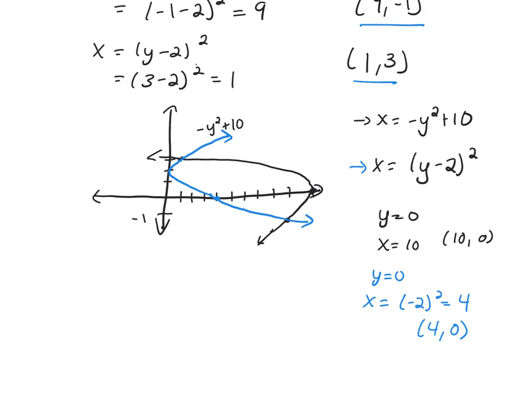I also plugged in 2 for y to get that point. I didn't do that for you. And this equation is y minus 2 squared. Okay, we have our picture.